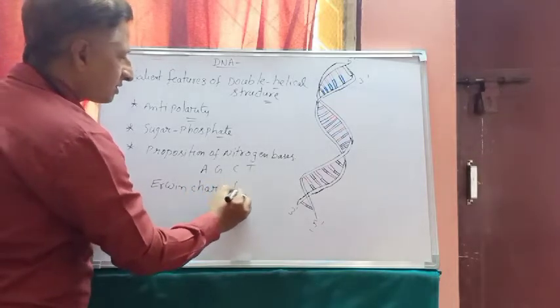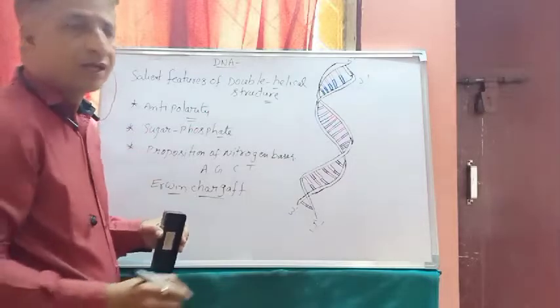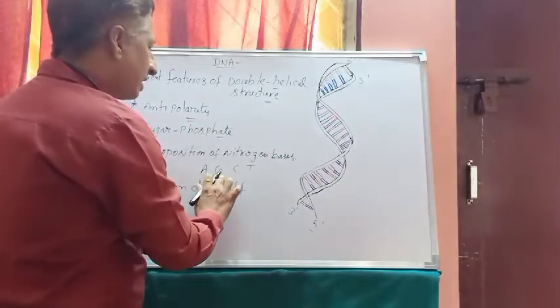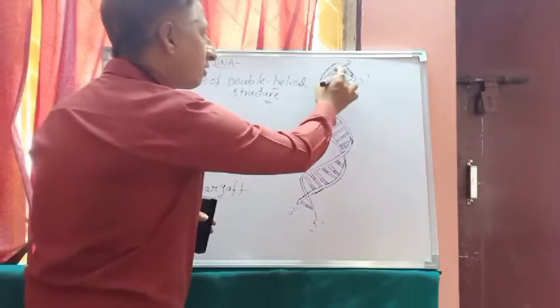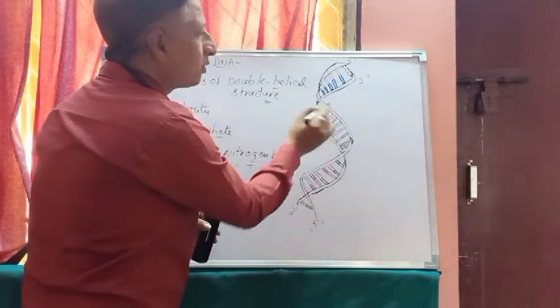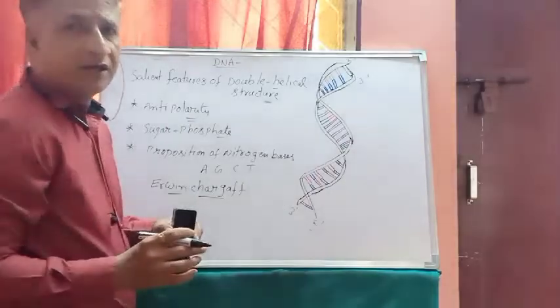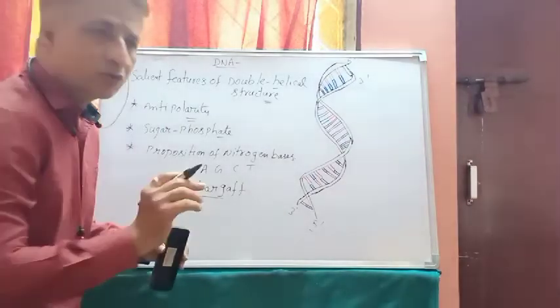Mr. Erwin Chargaff observed that in that double helical structure, adenine, guanine, cytosine, thymine are always there inside only. What we mentioned with the blue and the red, they are inside the DNA double helical structure only.